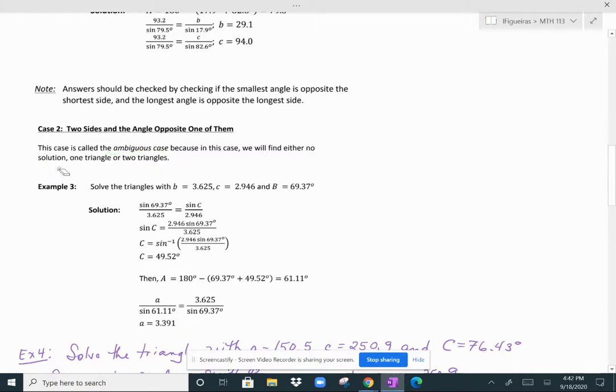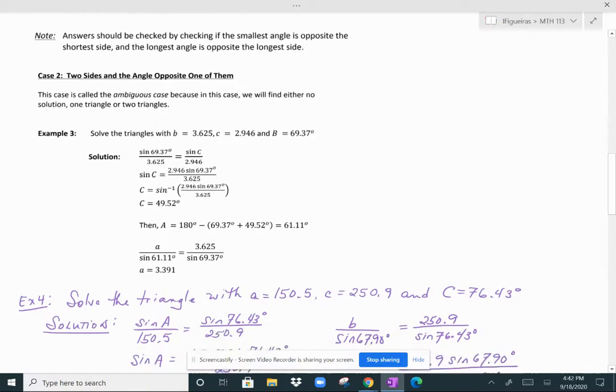So this one can get a little tricky. So we're going to focus on the case where I only get one answer, one triangle with three sides, three angles, and then I'll show you what the other ones would look like.